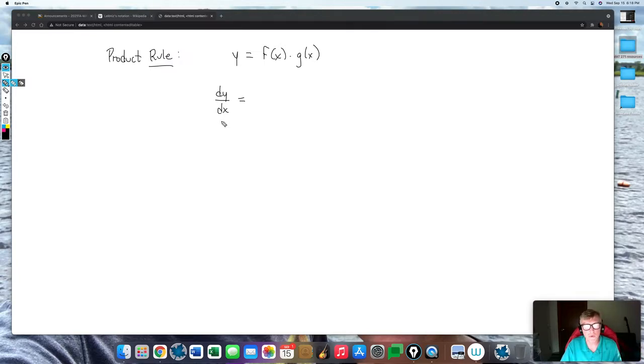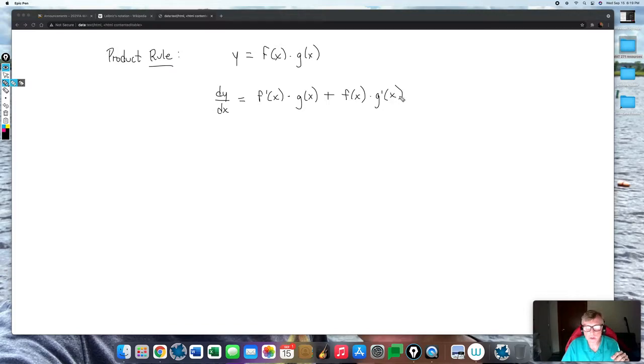Super important rule. I put it on an index card or a sticky note and stick it on my computer right now. Okay, so it's the derivative of the first times the second plus the first times the derivative of the second.